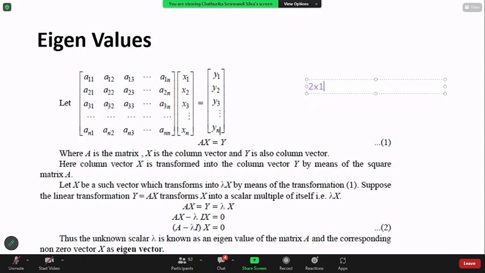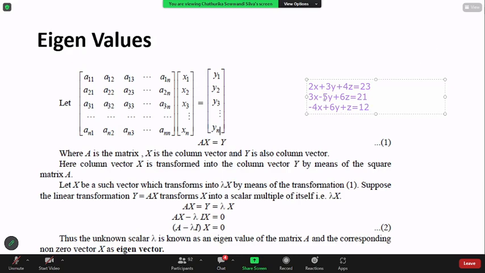Here now we have three simultaneous equations.